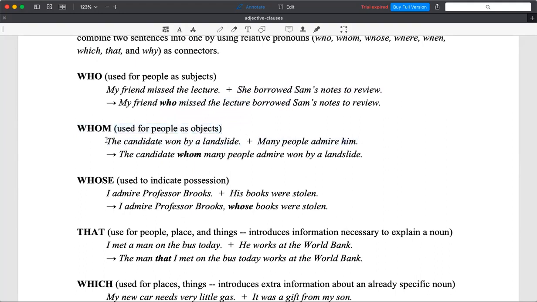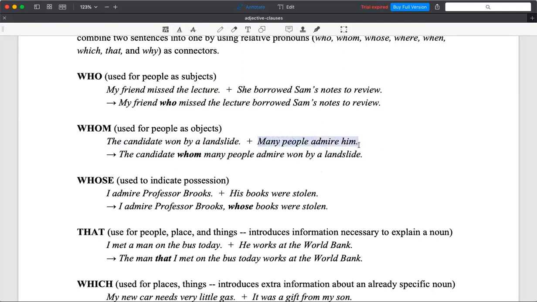I'm describing the candidate, so my sentence would be, the candidate whom many people admire won by a landslide. So whom many people admire is specifically an adjective clause. It is exactly the same second sentence, but I place whom because it is the object case.